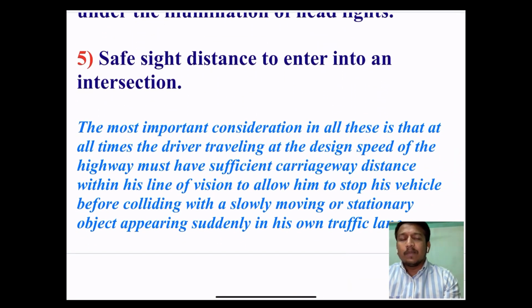The most important consideration in all this is that the driver traveling at the design speed of the highway must have sufficient carriageway distance within his line of vision to allow him to stop his vehicle before colliding with a slowly moving or stationary object appearing suddenly in his traffic lane.